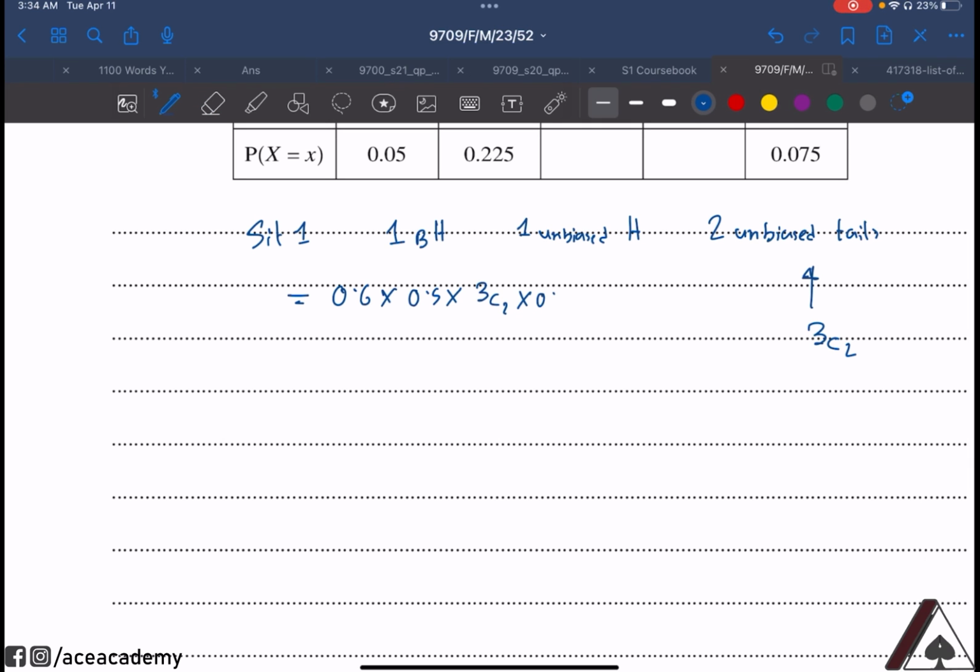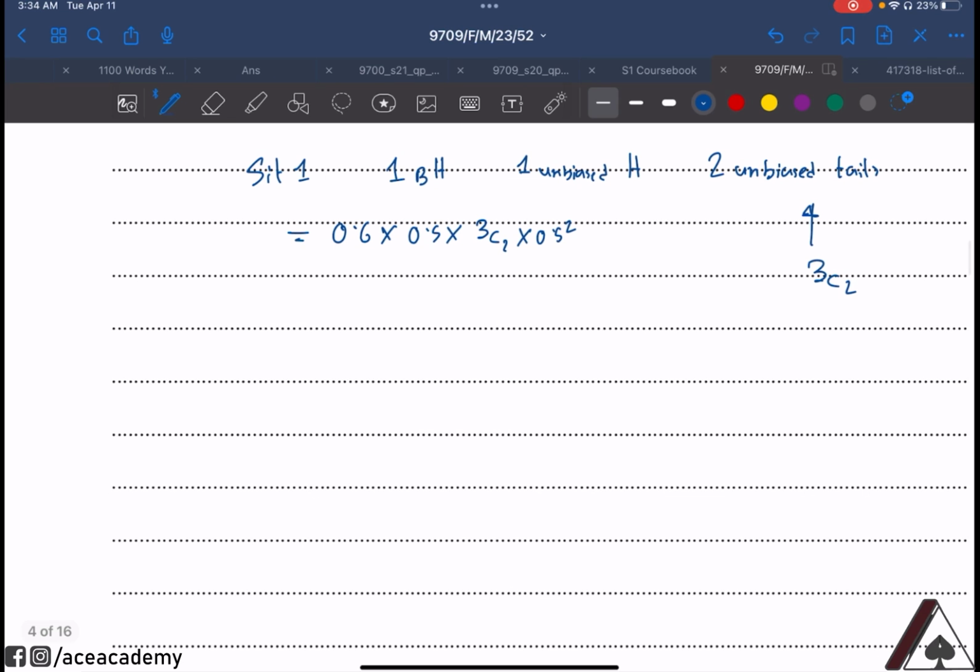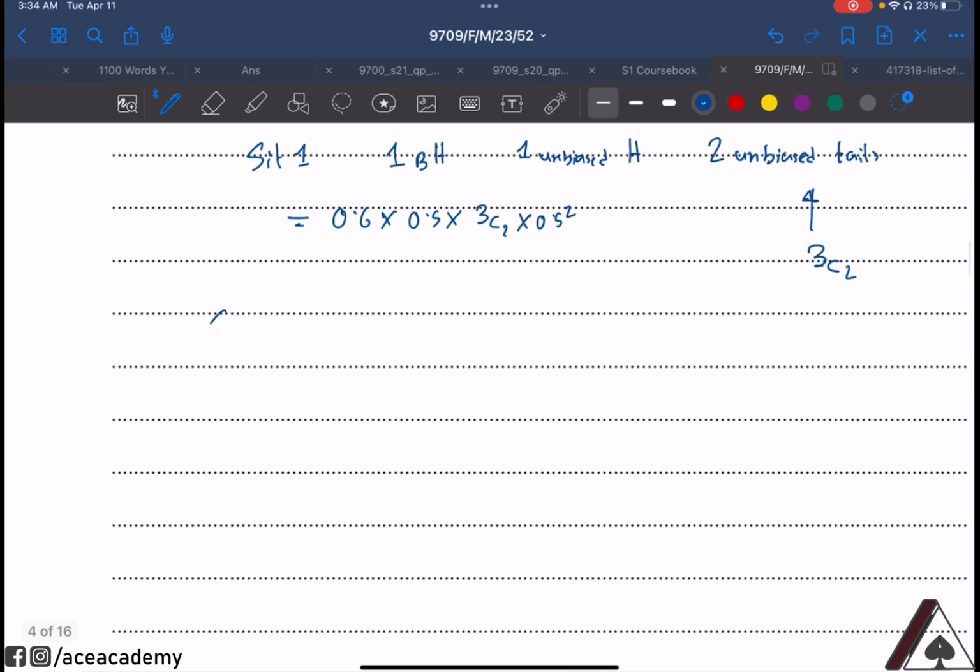3C2 into 0.5 square. And then there's another situation in which there will be 2 unbiased heads, 1 biased tail, and 1 unbiased tail.